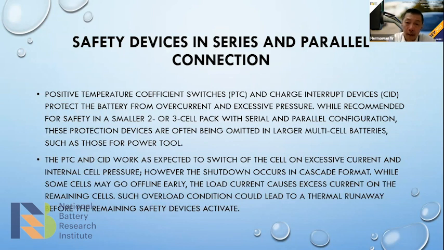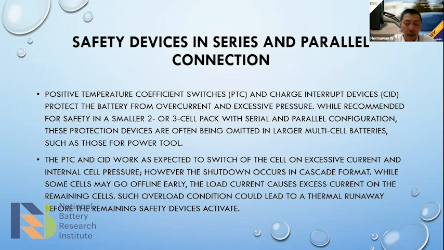In the cell, most cylinder cells will have PTC or CID. PTC and CID you can get only in the cylinder. You cannot get them in the pouch or in the prismatic. That's unique to the cell.